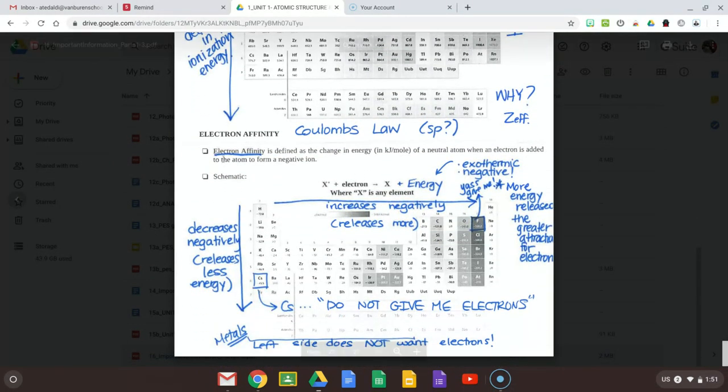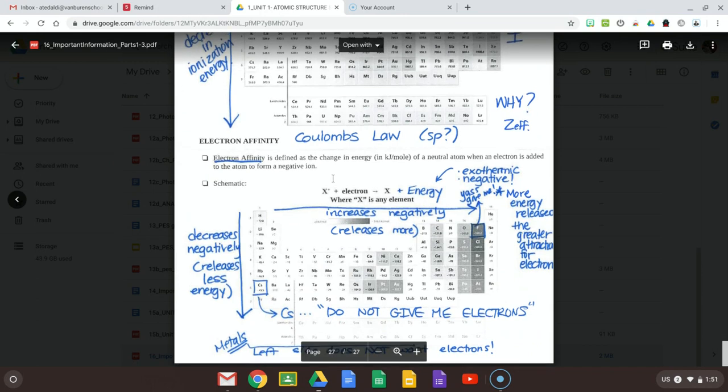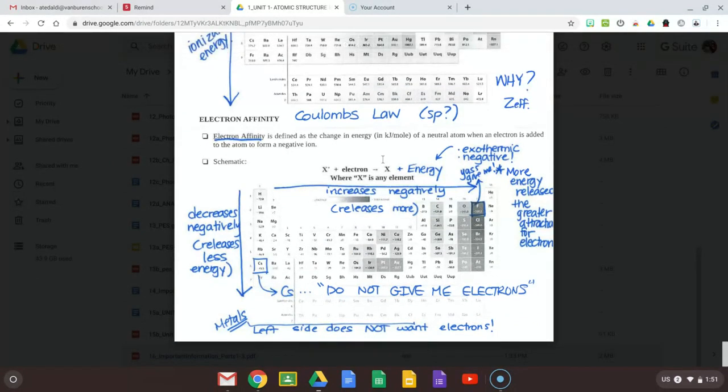So electron affinity is the amount of energy that is released when an electron is added to an atom. Notice how I said it's released. Exothermic, negative. So when I give an element an electron, it releases energy. It's kind of like when we make a bond, as we mentioned later.